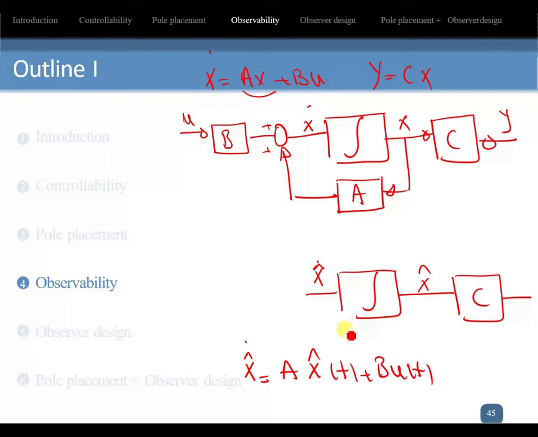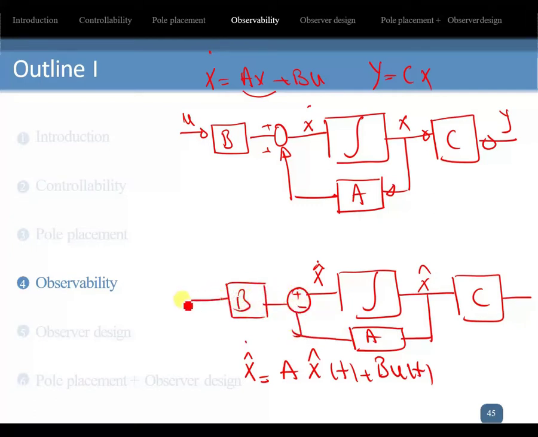You have the matrix A multiplied by x hat, and this one multiplied by Bu with the same input. This is the estimation of the state variable.